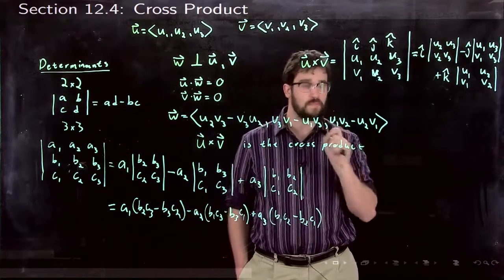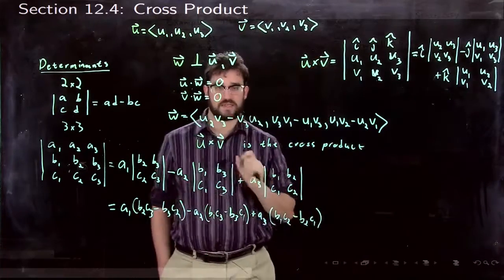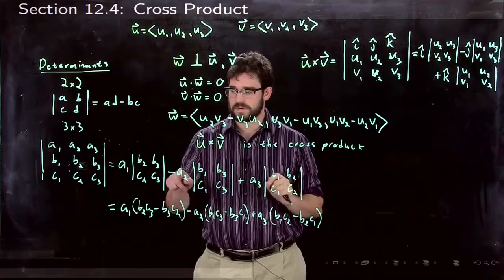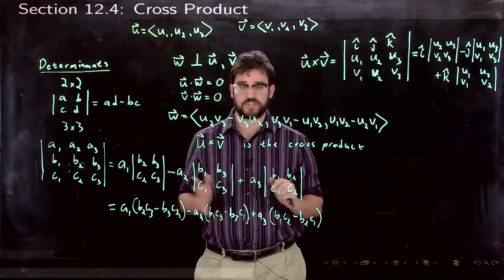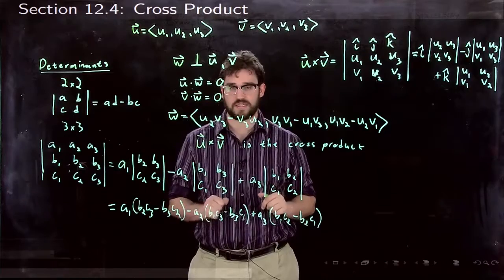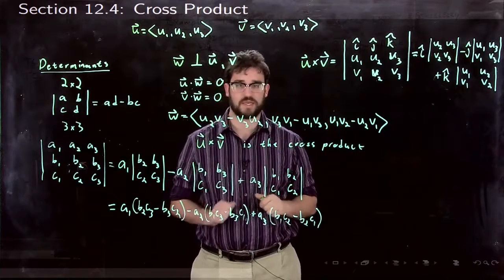And remember, this minus sign in calculating the determinant is crucial. A lot of people forget that there's this minus sign here. That's just how determinants are calculated. You need this minus A2, not just plus A2.